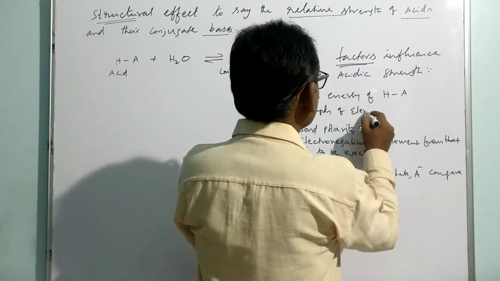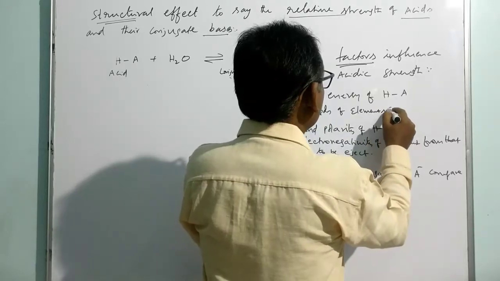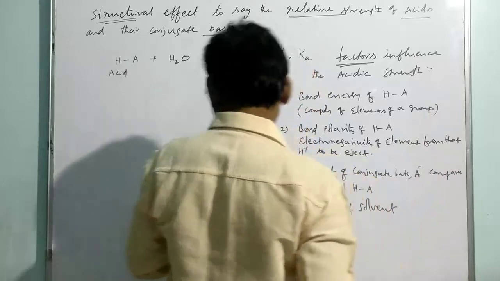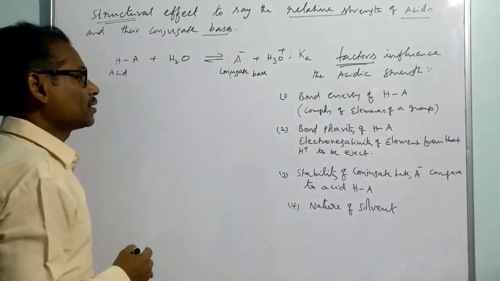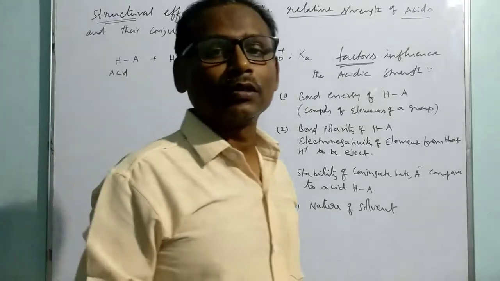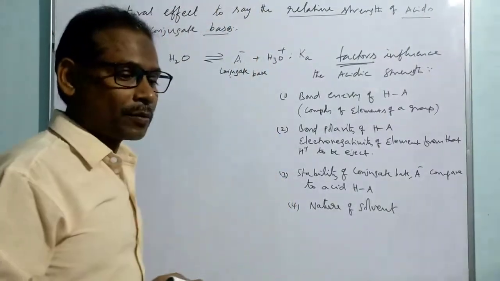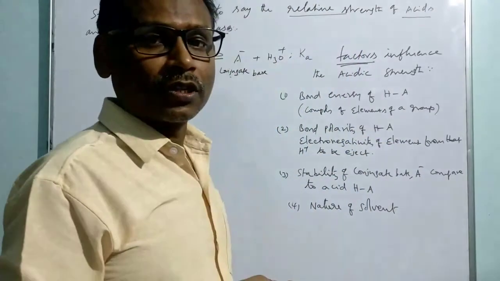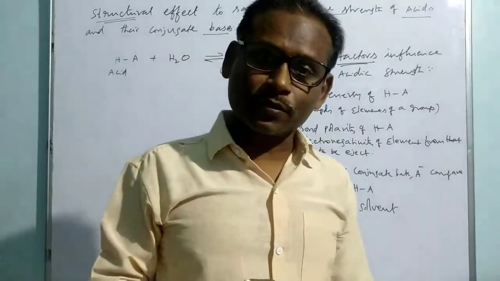For example, let me take some compounds where there is ejection of proton. The substances like halogen acids, which are nothing but the compounds of group 17.